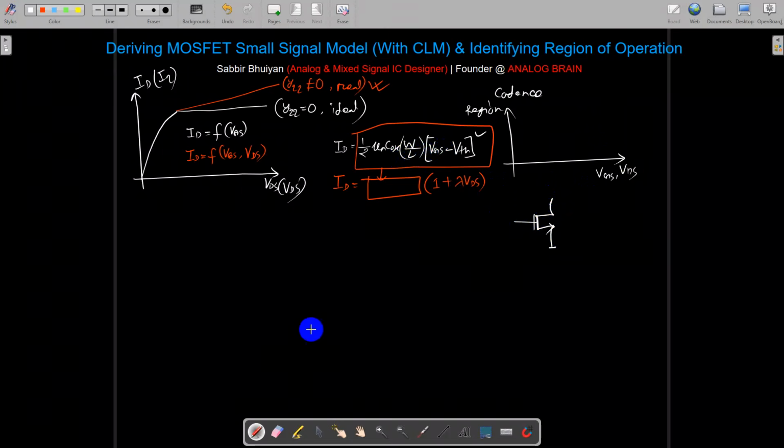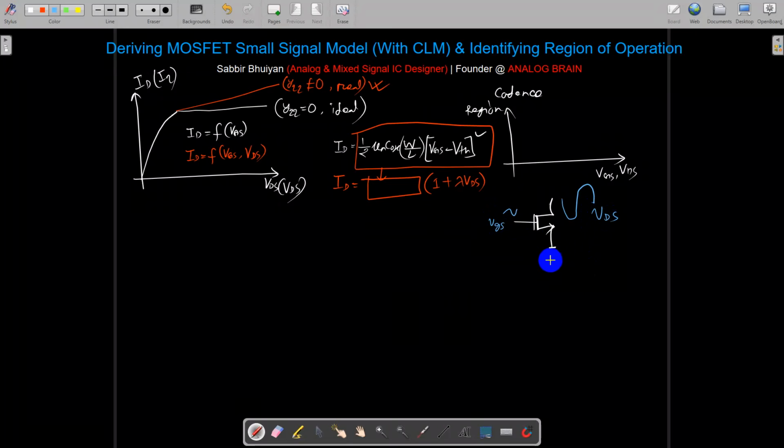Now we have to apply a small signal. So you will have a variation in your first port voltage VGS, and you will have something similar in your second port voltage. This is some small variation, which we call small vgs, and this is some small variation, which is small vds.